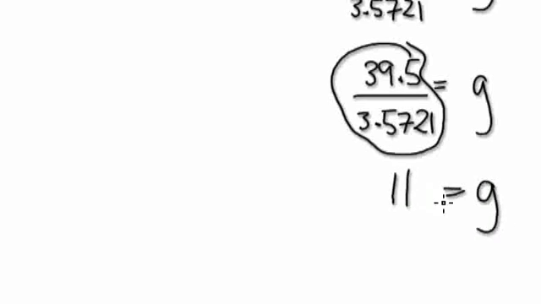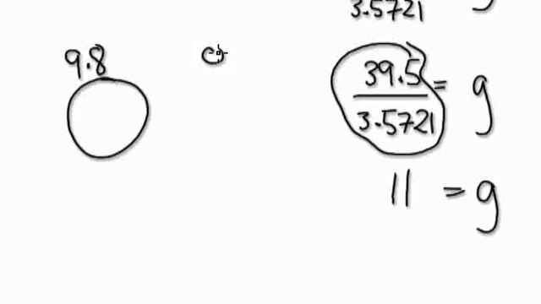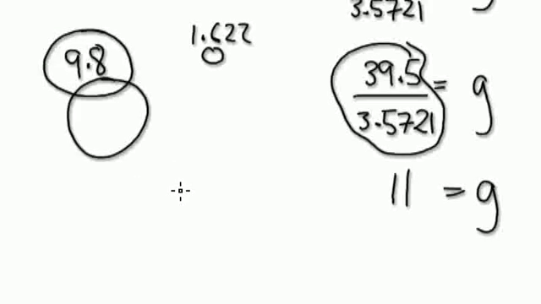Just say gravity is 11. So Earth is 9.8. The Moon is 1.622. So yeah, Neptune is stronger than the Earth.